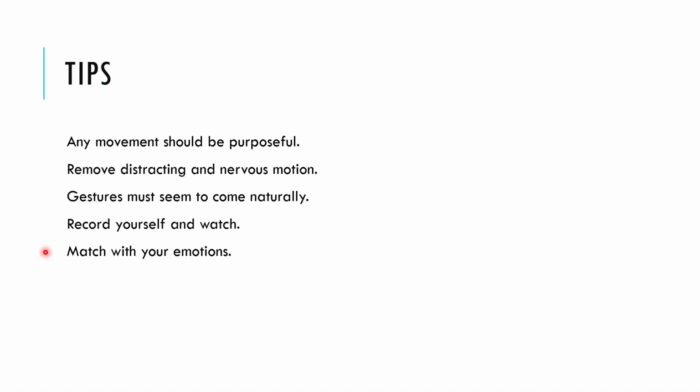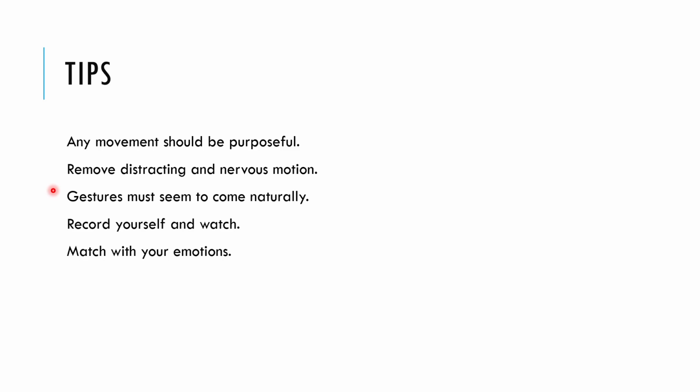Now, I'll give you a brief number of tips and then we will move on to listen to the World Championship speech. Now, as I said before, any movement should be purposeful. We must avoid distracting and nervous motion. So, what that means is our gestures must seem to come naturally. Our voice control must seem to come naturally.